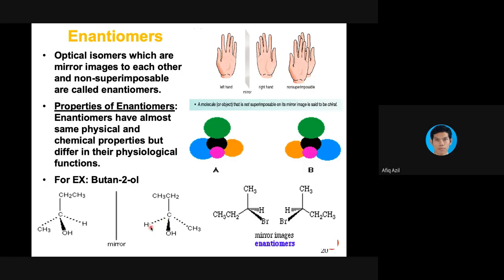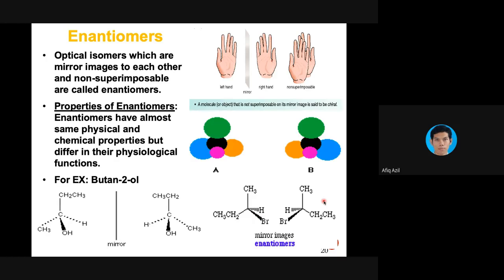And CH3, from pointing to the left, is now drawn pointing towards the right. So this is a mirror image. If it has a mirror image, this will be considered as a pair of enantiomers.